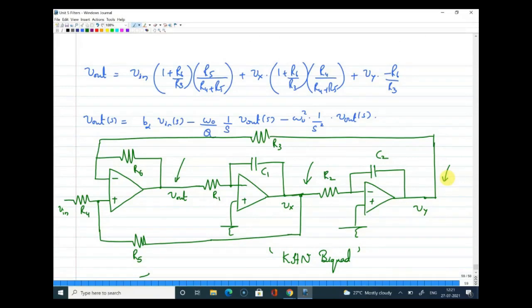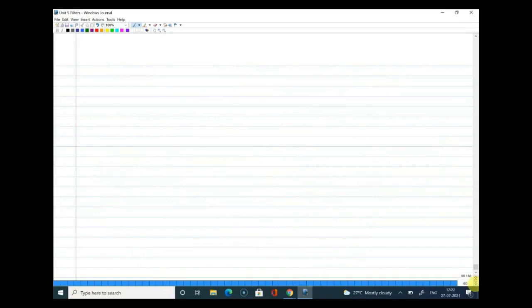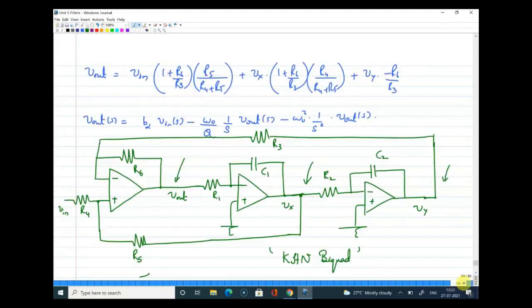Is that clear? I'll show how it is. Okay, let's come to that. So let me write the final Vout expression. I have written the final Vout expression, and from it you can make out that the coefficient of Vin is your B1 term.